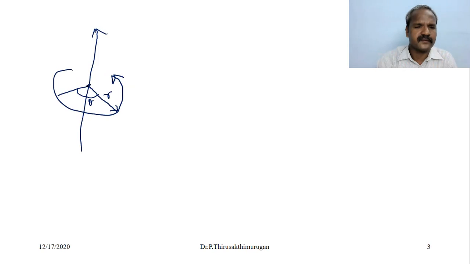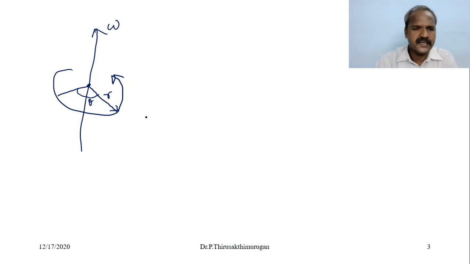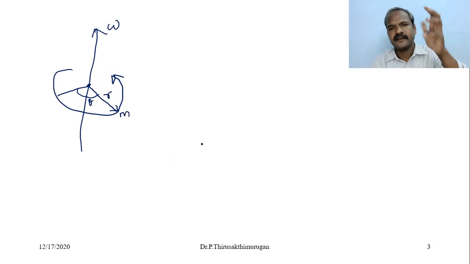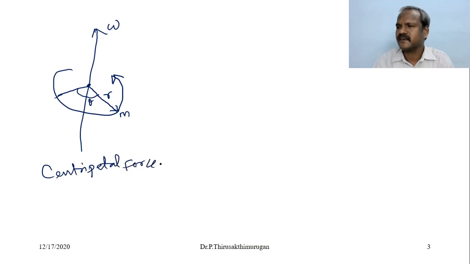At this point the mass is orbiting. This is the angular velocity, and this is the centripetal force. The mass is at the end, the joint mass. This is the centripetal force representation.